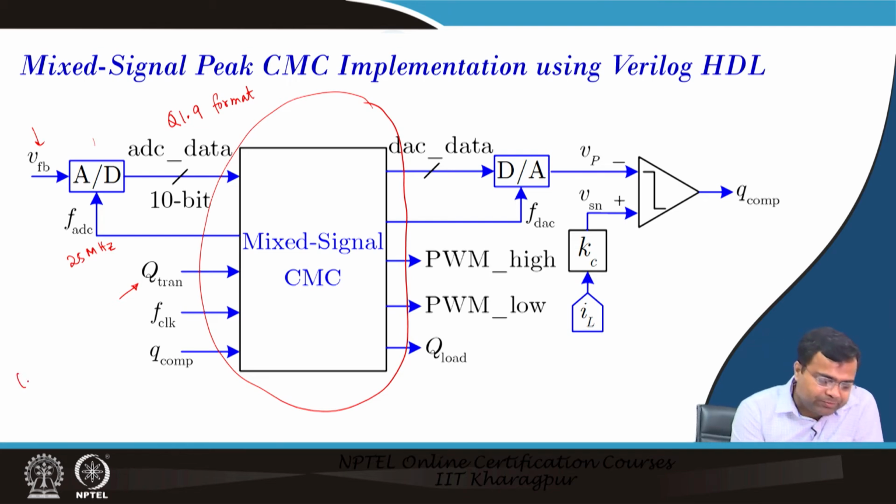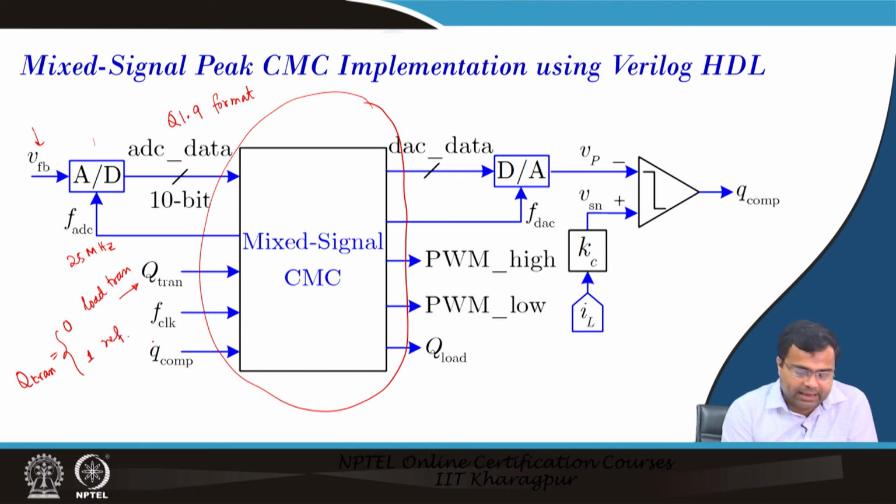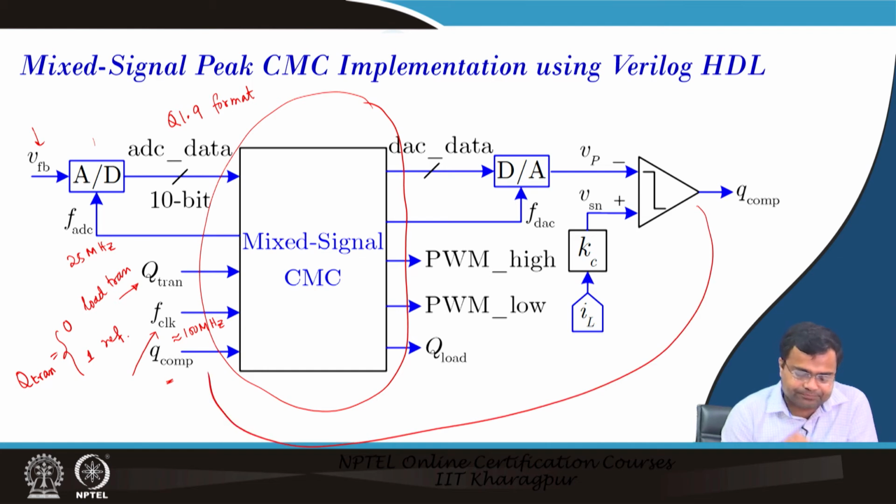If Q-tran is 0, then we are talking about load transient. If it is 1, then we are talking about reference transient. F clock is a switching frequency clock, and this is a 100 megahertz clock. Q comparator is the output of the analog comparator. So, it is also coming inside because it is a digital number, it is an on-off pulse.